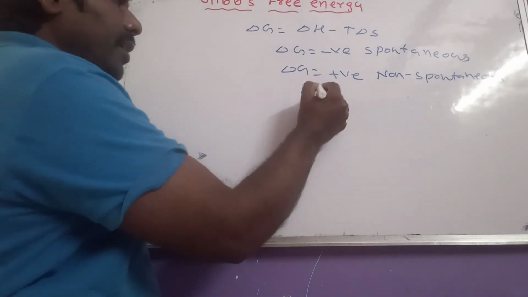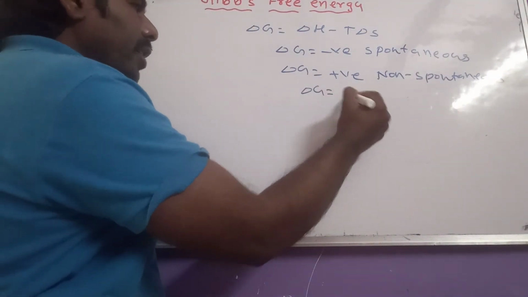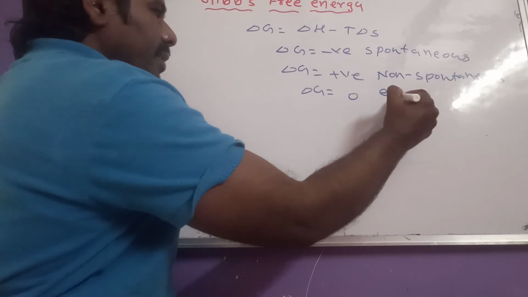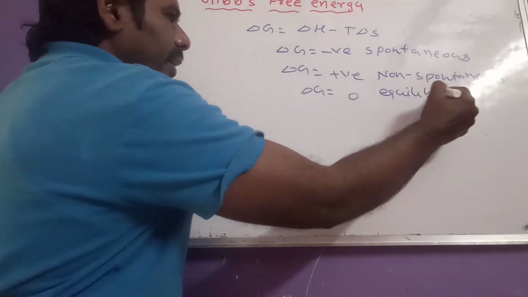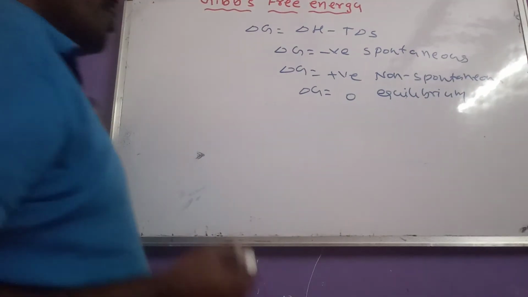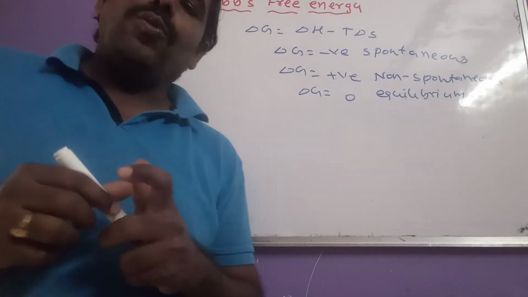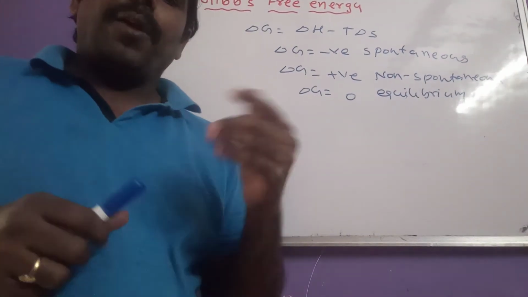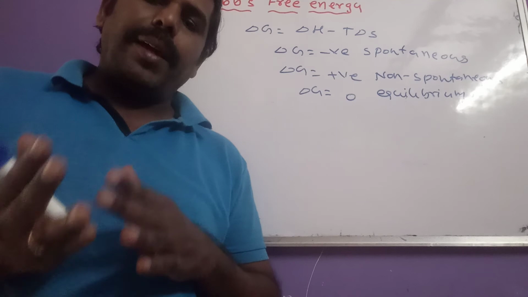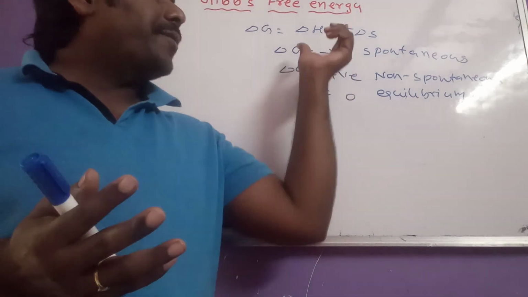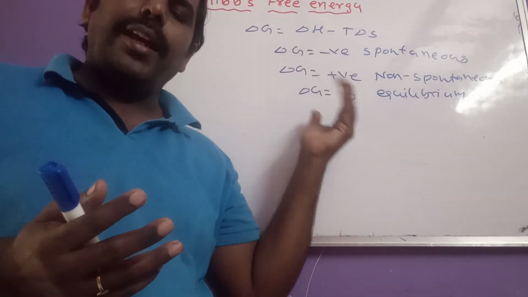And if delta G value is 0, that reaction is said to be present at equilibrium. To determine the spontaneity, Gibbs free energy helps a lot.